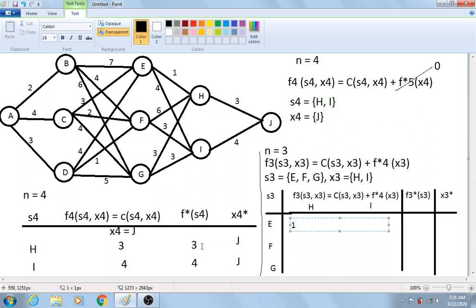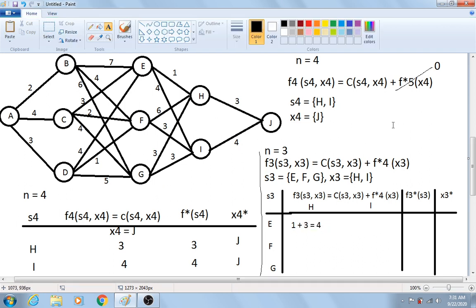It is 3, so plus 3. And what is the total cost? 4. So from E we go to H, and that is the value of 1, and the 3 is here. Okay, so the minimum cost if we start on H on stage number 4.